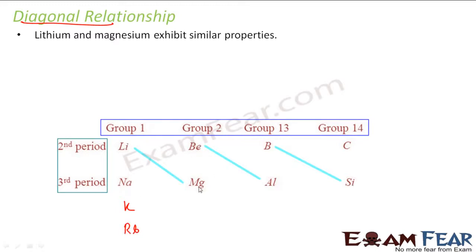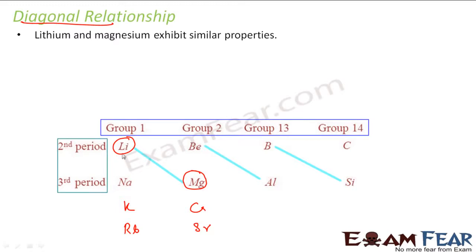Similarly, beryllium, magnesium, calcium, strontium should have similar properties. But it is observed that lithium and magnesium have similar properties. Similarly, beryllium and aluminum have similar properties. And this, if you see, is a diagonal.